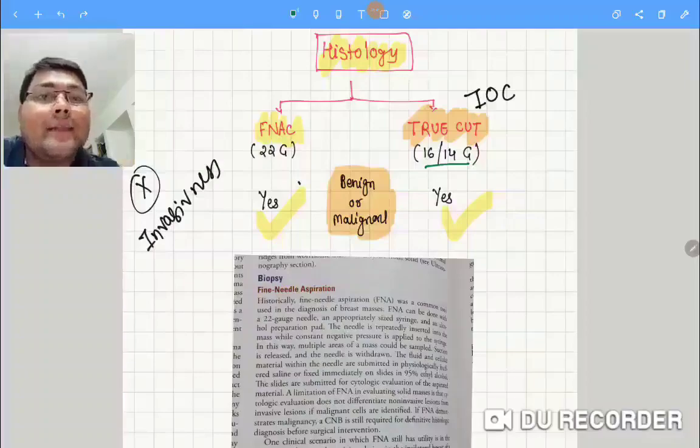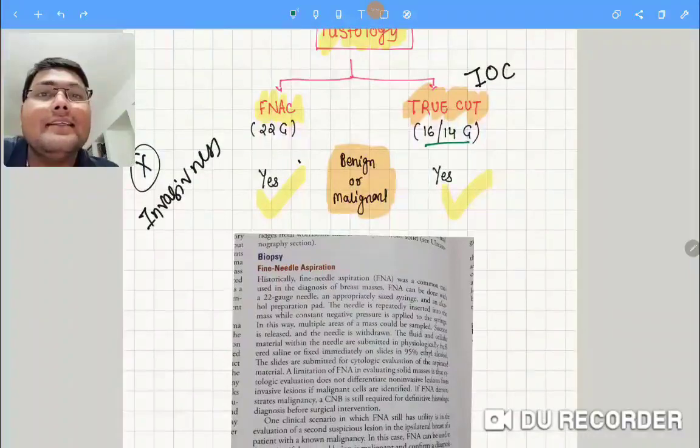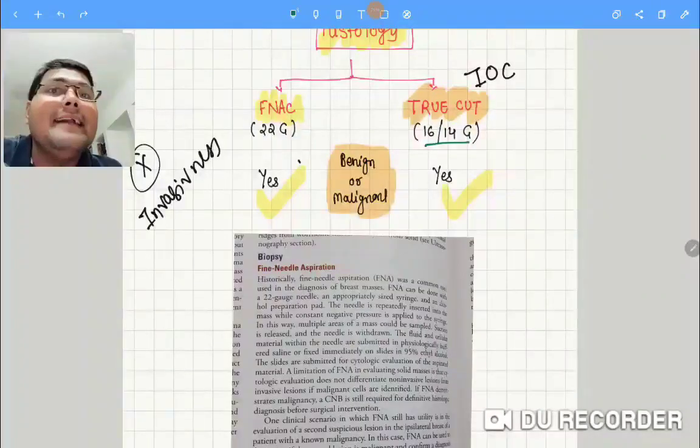So that's why it is more accurate than FNAC, because in FNAC there is a minute amount of tissue in the syringe, and from that you are going to prepare 6 slides. So that cannot give you a confirmed report on whether it is invasive or non-invasive.